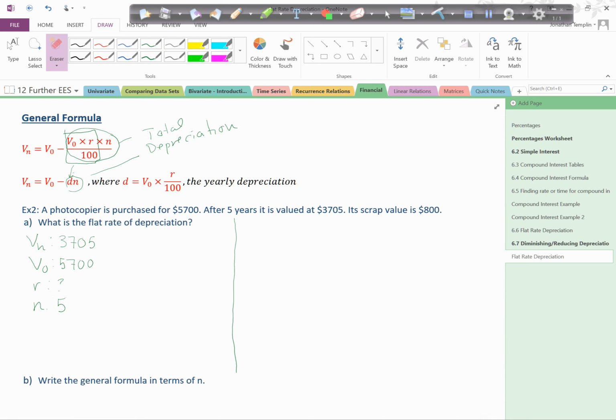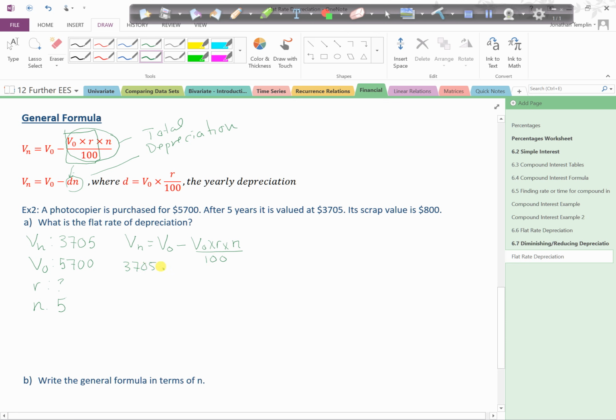Let me just move this over for now. So I know my formula. My book value is the initial value minus the initial value times the rate times the number of years over 100.